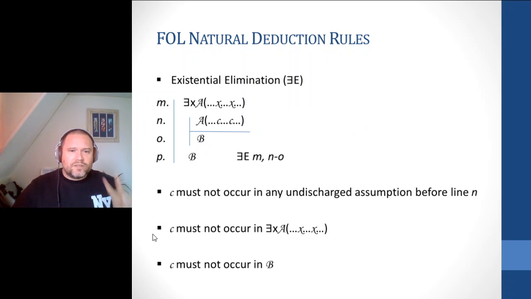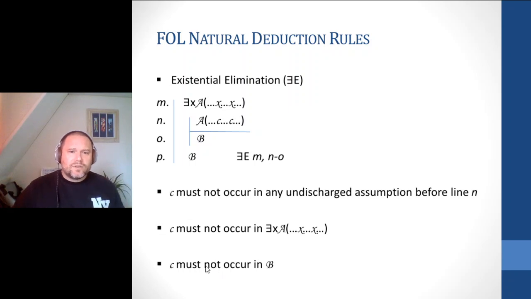Similarly, our second restriction is that the name C must not already occur in the sentence that we're using. We can't have a sentence that already features the name we want to use in our substitution instance, because if it does, it's not arbitrary. We already know something about it. So again, these first two restrictions guarantee arbitrariness.